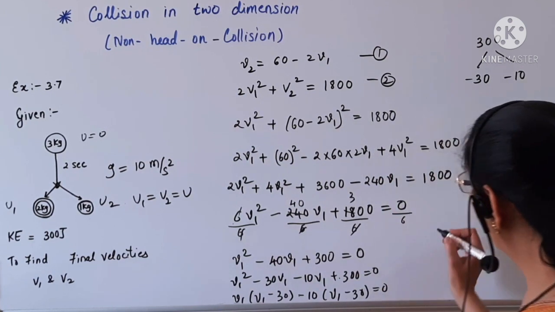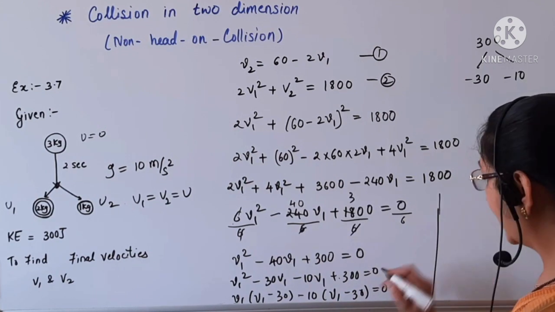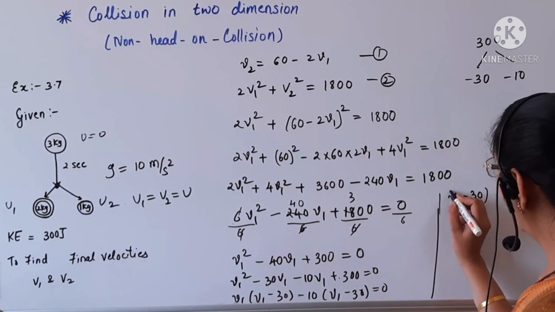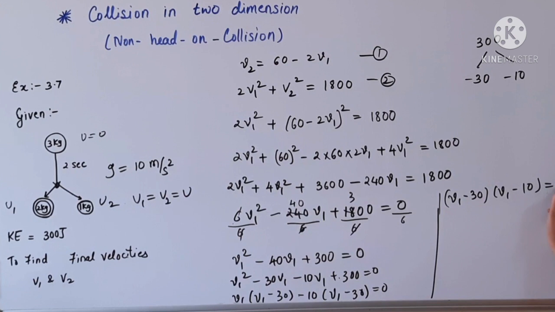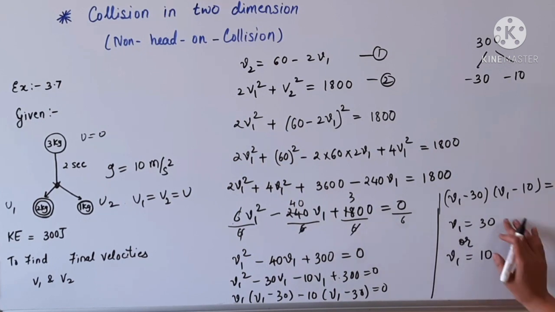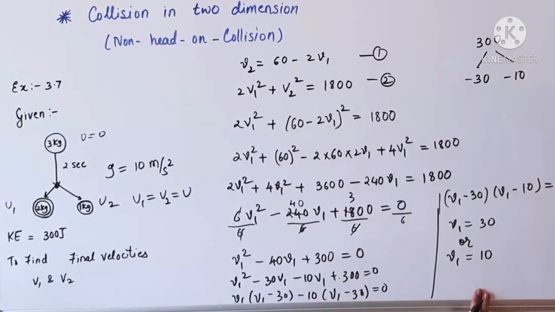This is equal to 0. So we get v1 minus 30 into v1 minus 10 is equal to 0. So v1 is equal to 30 or v1 is equal to 10. So we have found two values for v1.